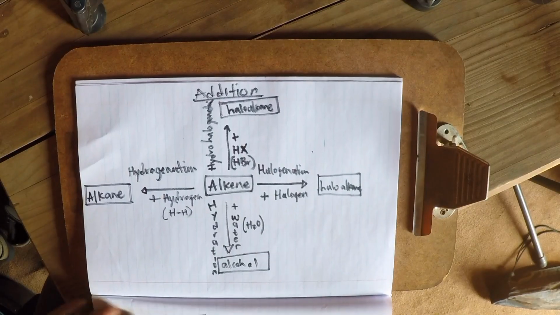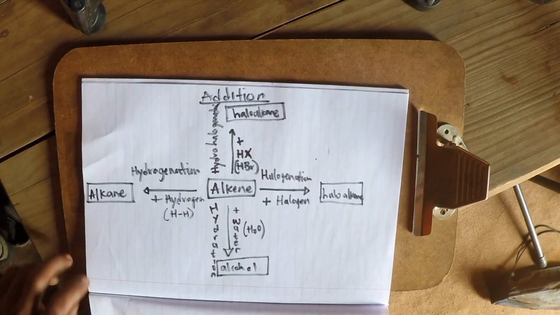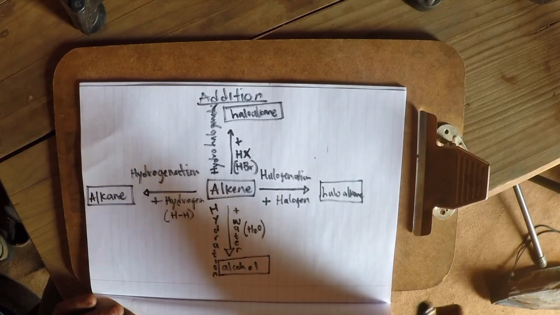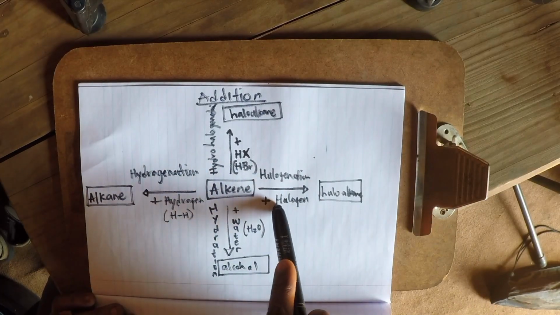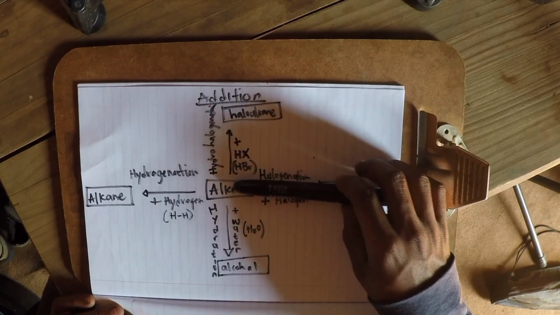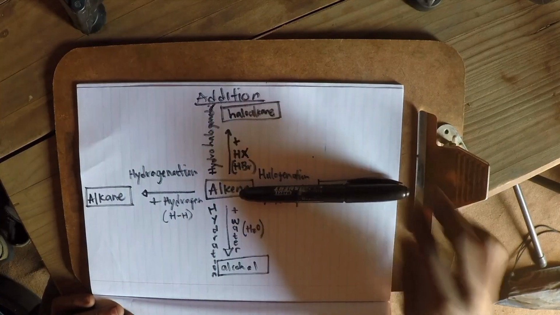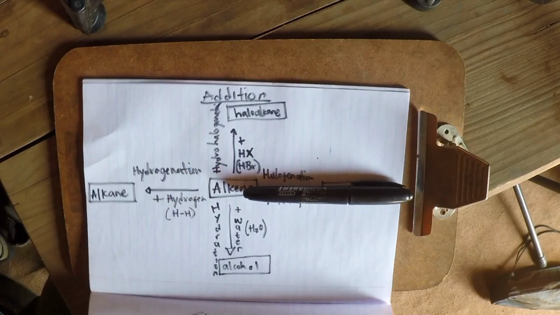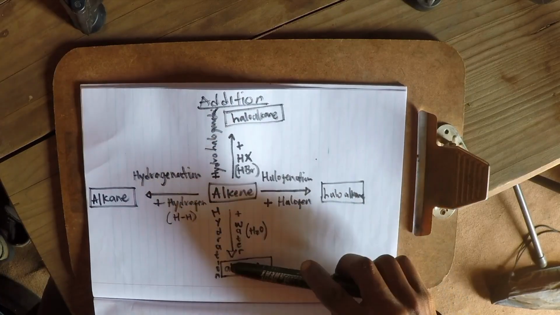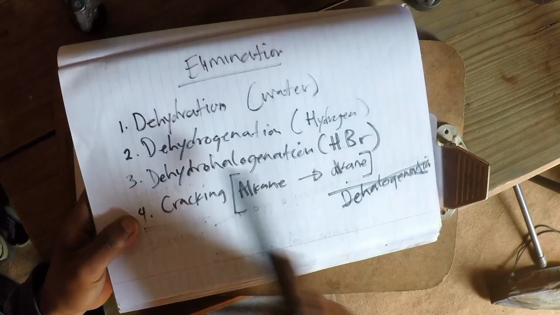Then I explained that if you reverse each and every one of these reactions, except for the addition of a halogen, because this one is not part of an elimination reaction, then the rest of them become elimination, because elimination is just the reverse of these. Hydration becomes dehydration.